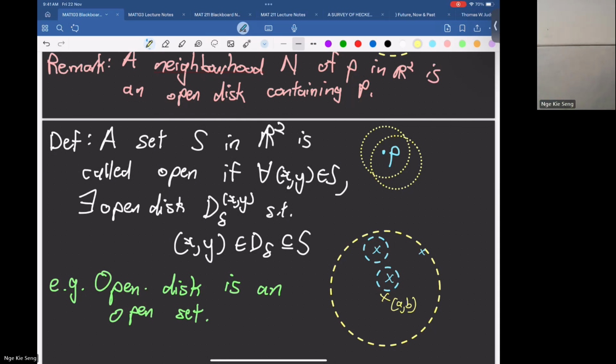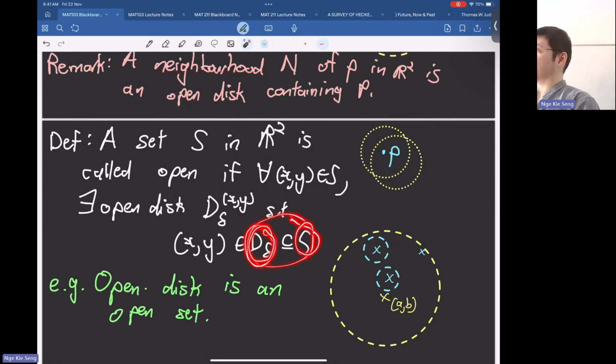As long as you satisfy this subset inclusion, as long as you pick the open set so that all the points live inside X, it is okay.